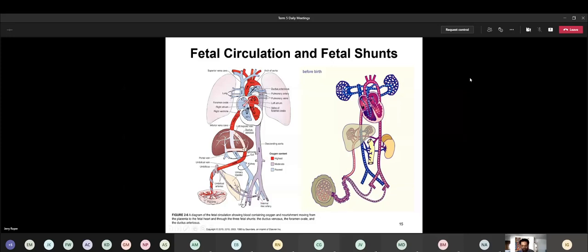And what's going to happen is, because of the fetal hemoglobin, if you remember, the fetal hemoglobin is going to affect the oxyhemoglobin dissociation curve, and it makes it shift to the left. So the leftward shift means that the hemoglobin is going to hold on to the O2 a little bit tighter.